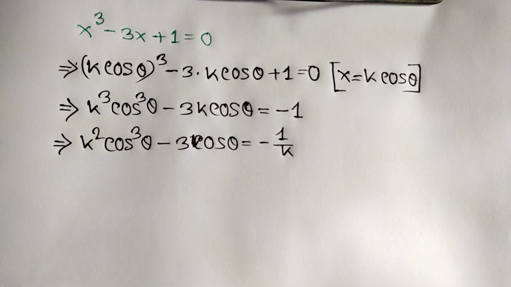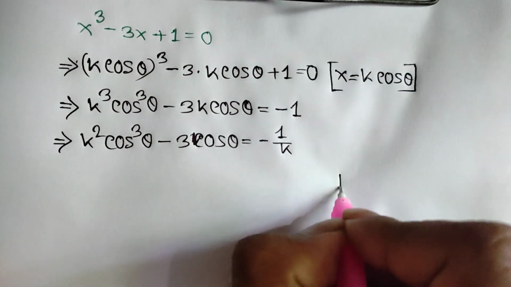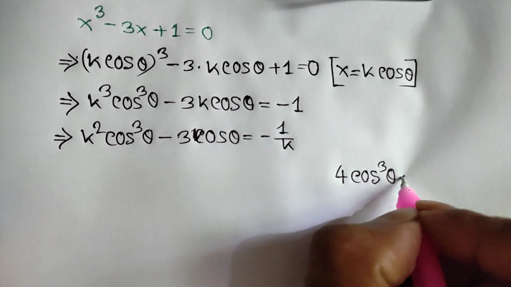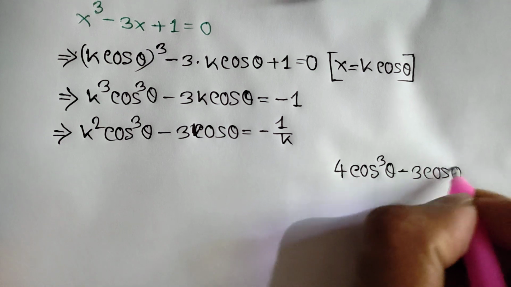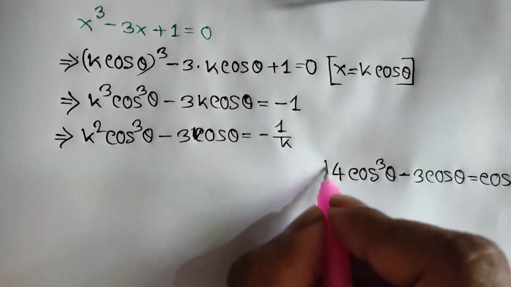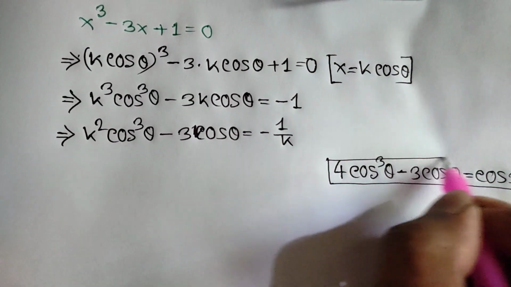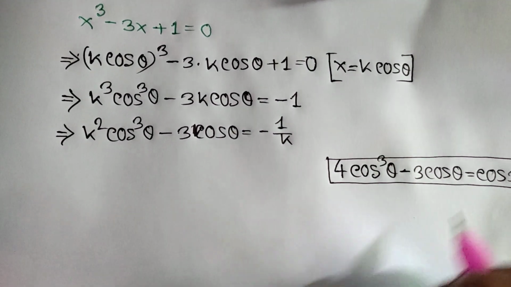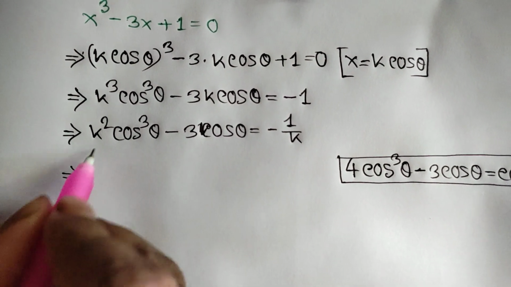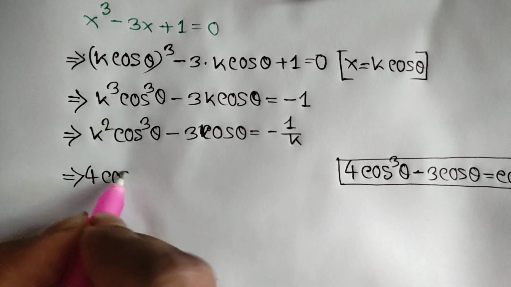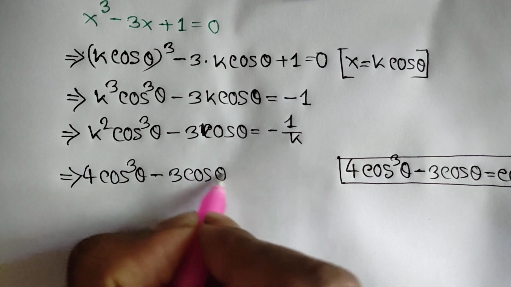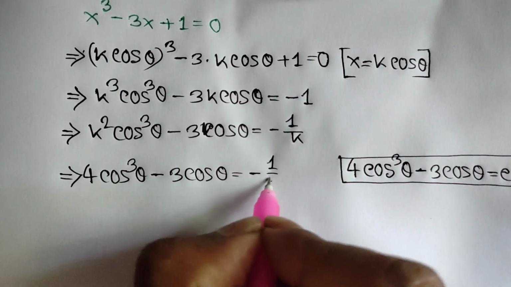Again we know a cosine formula, that 4 cos cube theta minus 3 cos theta is equal to cos 3 theta. So putting value k is equal to 2, we will have 4 cos cube theta minus 3 cos theta is equal to negative half.